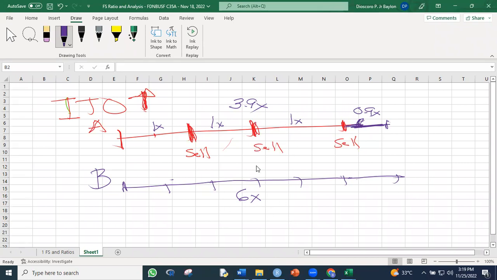Class? In terms of ITO, which company was performing better? Is A our company or B the direct competitor? Our company had 3.9 times, B had 6 times inventory turnover. Okay, let's give a few more seconds to your classmates. We hope we can reach a 90% response rate. 90%, that's around 30.